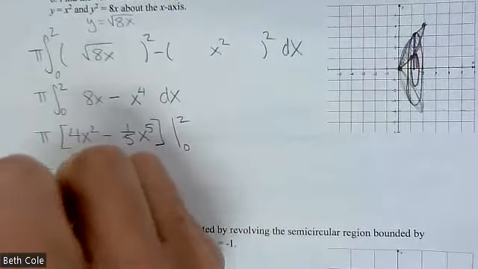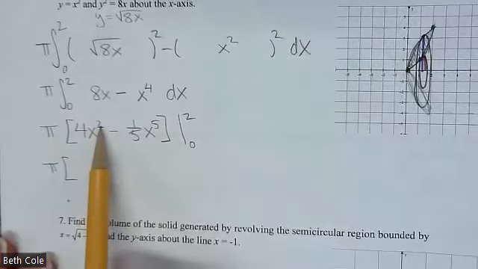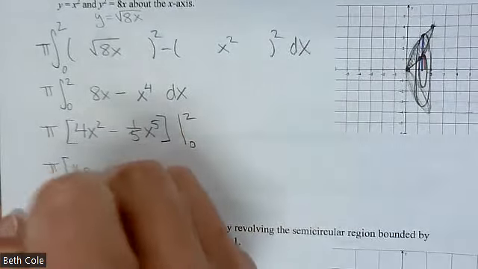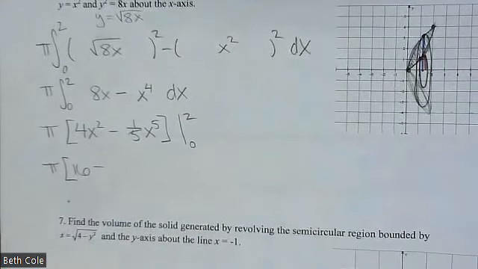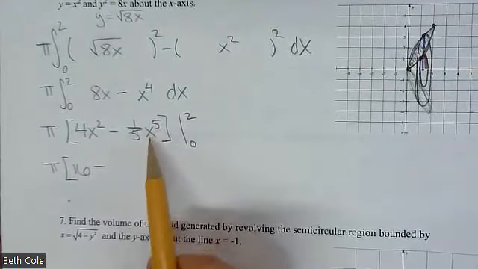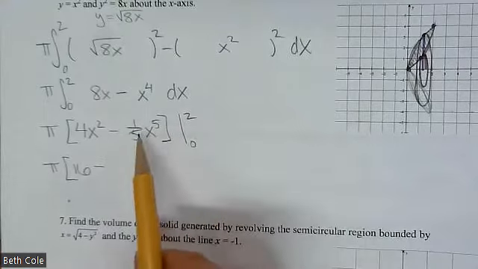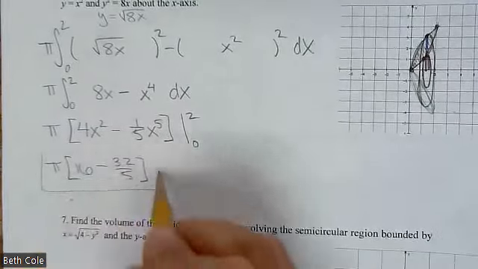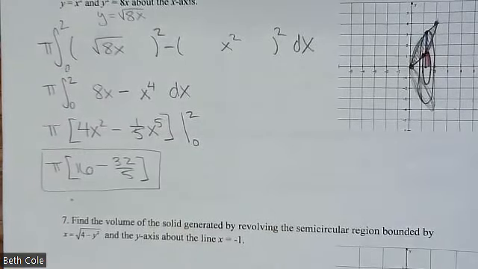So basically just plug in 2. 2 squared is 4, times 4 is 16, minus, and then do you remember 2 to the 5th? 32, and then over 5, so 32 fifths. Going to practice that a bunch more times.